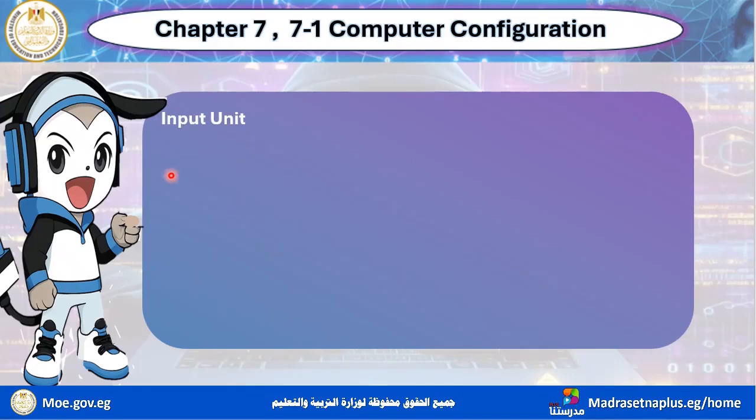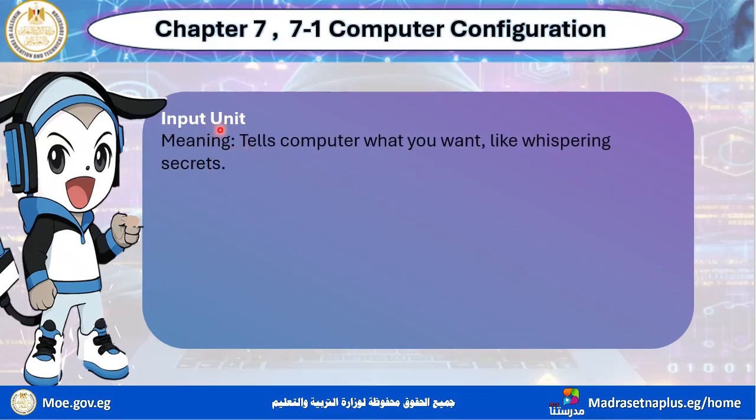Well, now we're going to speak about the input unit. The meaning of input units is that they tell the computer what you want to do, like whispering secrets. We use an input unit to put things inside the computer or to give it orders through it.